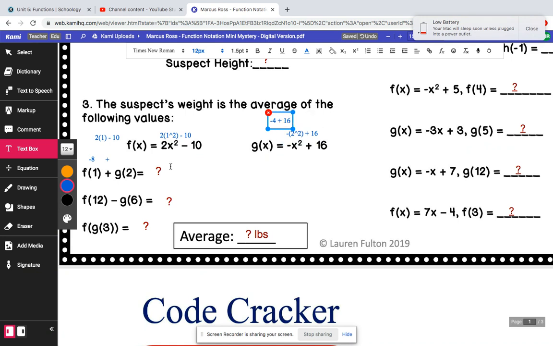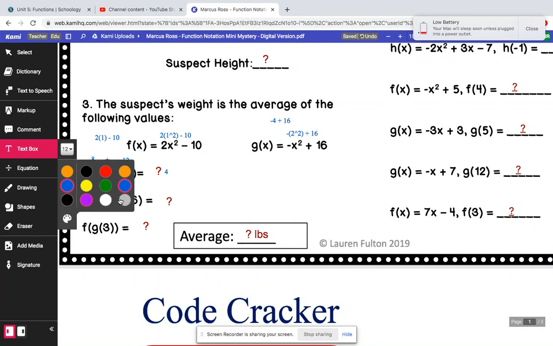Well, negative 4 plus 16 is going to end up giving me positive 12. Negative 8 plus 12 is going to give us a positive 4. Okay. The exact same process can be made for this down here, right?